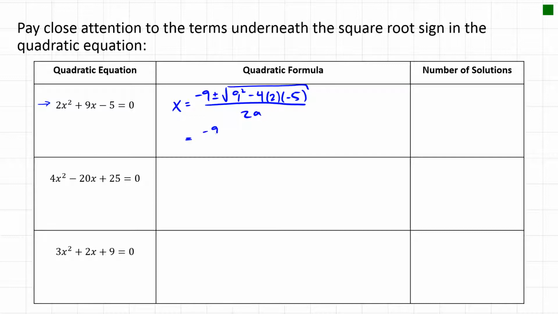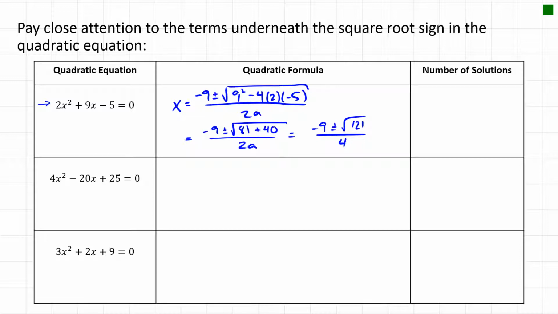So that would be negative 9 plus or minus the square root of 81 plus 40, all of which is over 2 times a, which is 4. And we'd get negative 9 plus or minus the square root of 121 over 4.